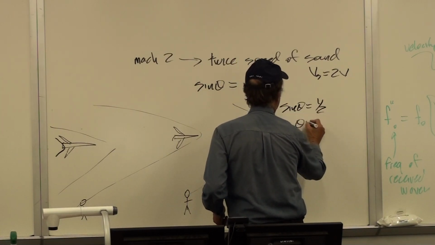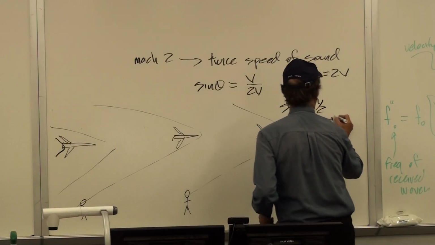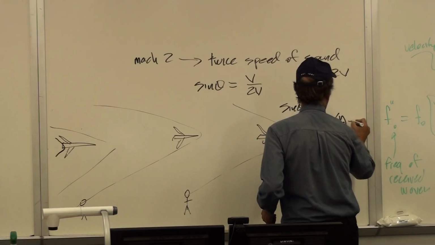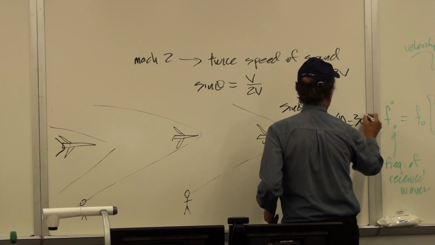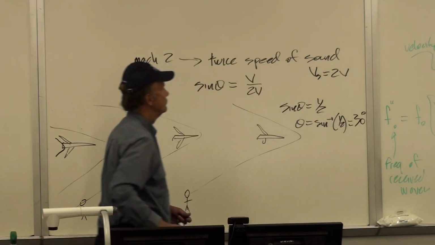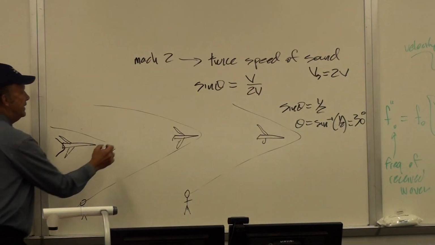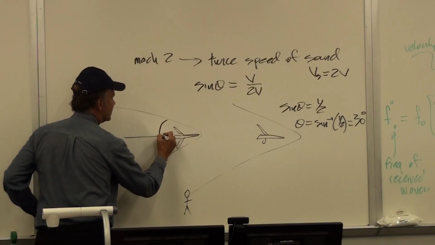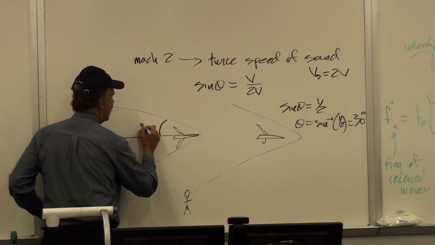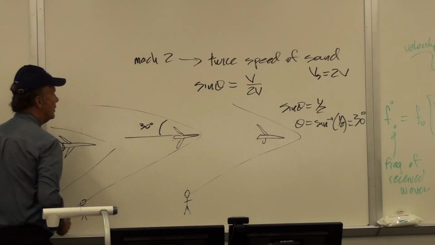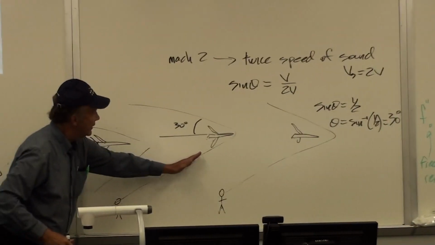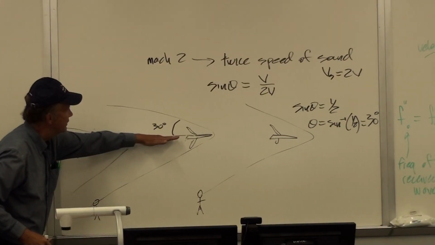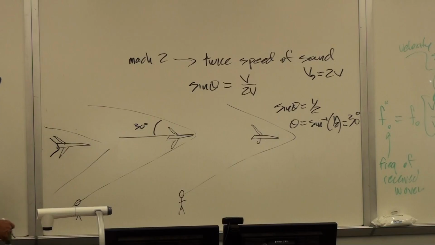Or that would give you theta is equal to the inverse sine of 1/2, which is pi over 6, or 30 degrees. And so that would tell you then what this shock wave angle is. And so the total angle then would be 60, but measured from the center of the plane up to the top of the shock wave, it would be 30 degrees. Any questions about that?